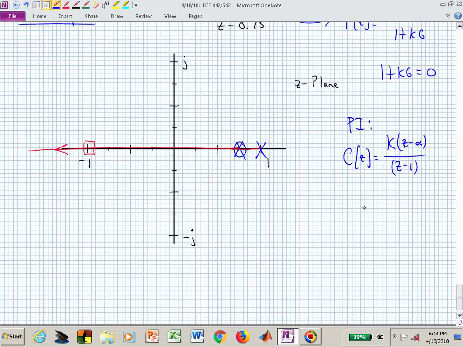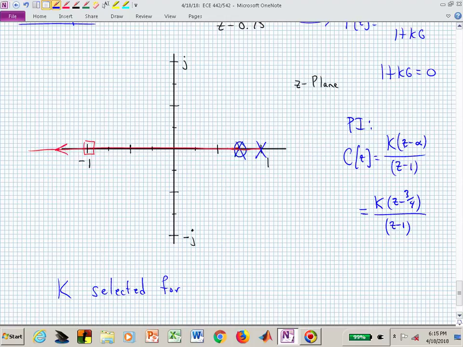Now I've said that my C of z is K times z minus 3/4 over z minus 1. K is selected for.